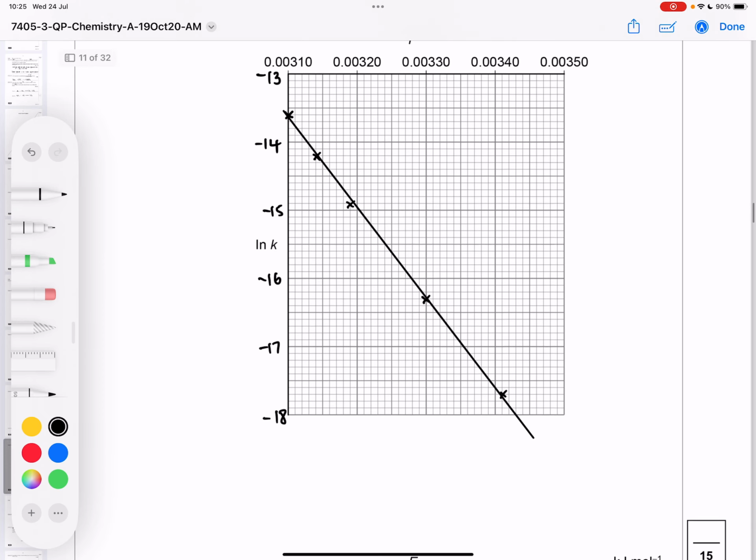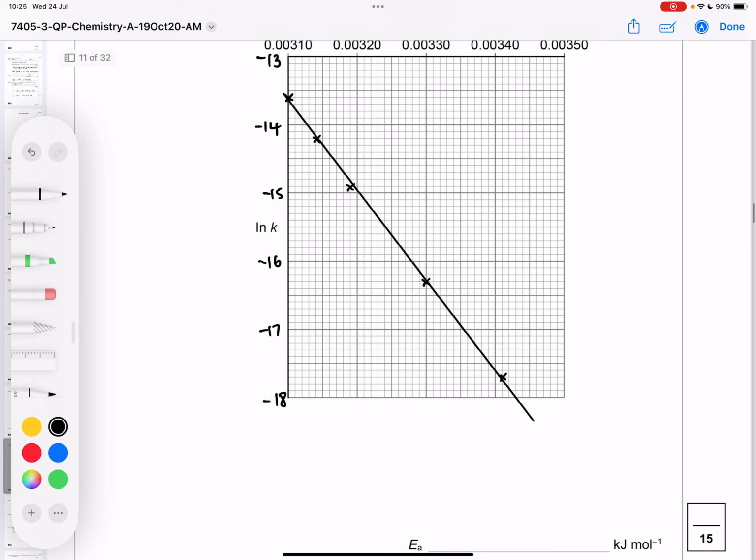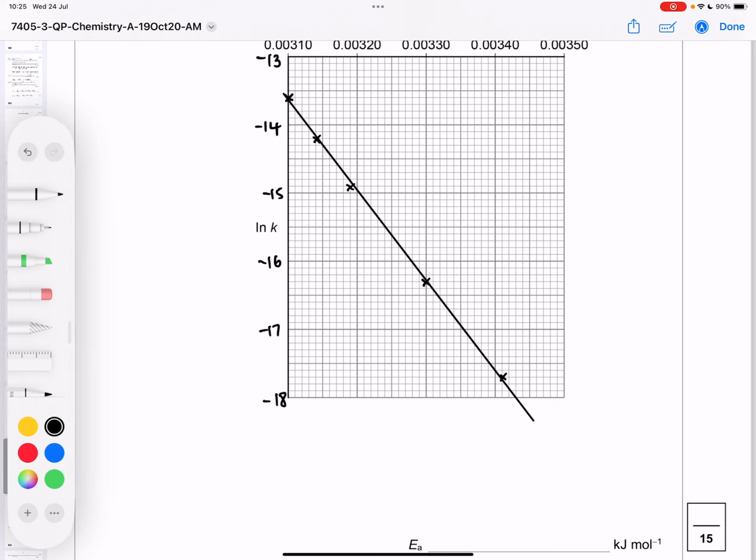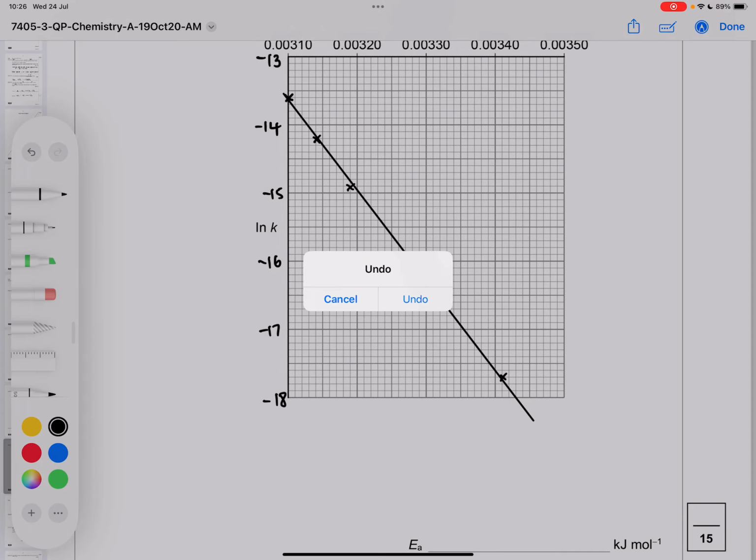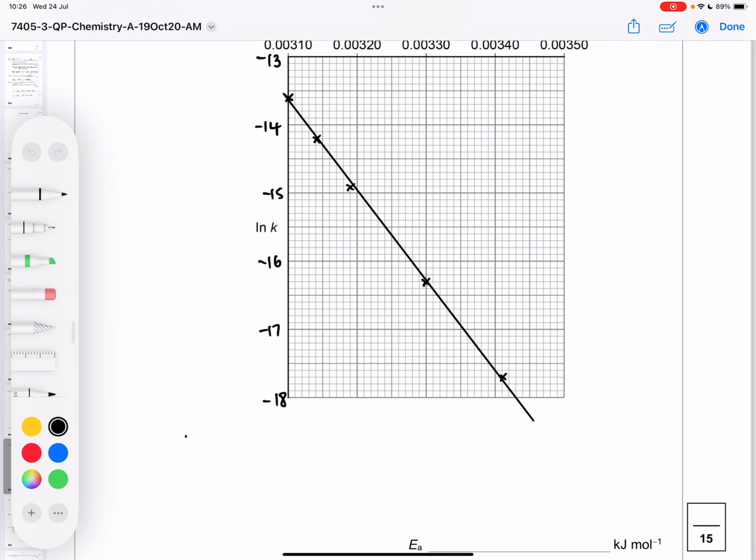So let's find the gradient. So we can see that it crosses through our points. So we have minus 13.6 at 0.00310. And then we've got the very bottom here at 0.00343 and minus 18.